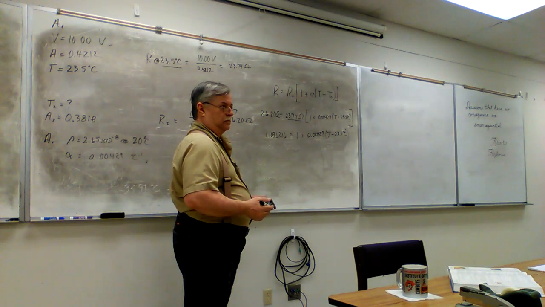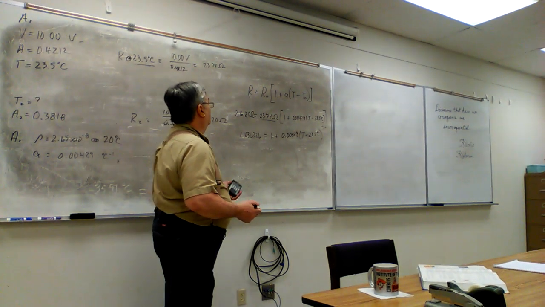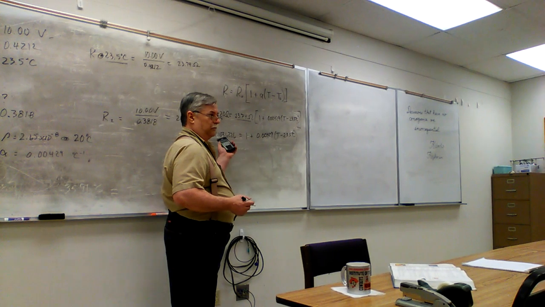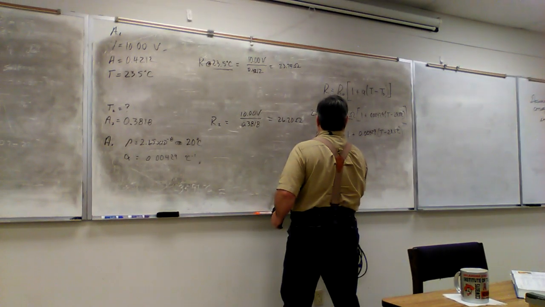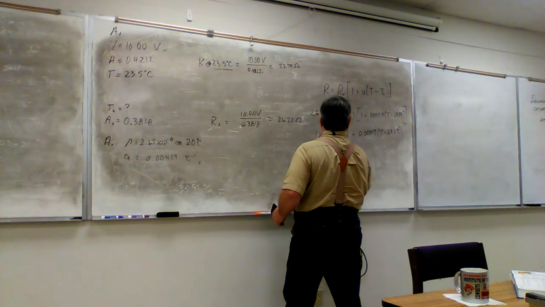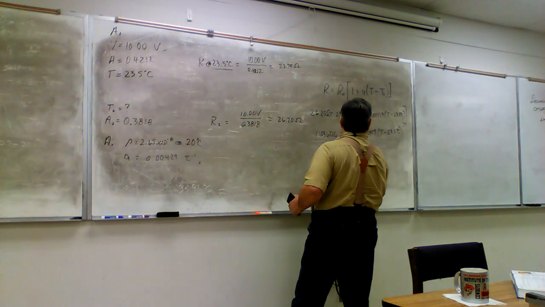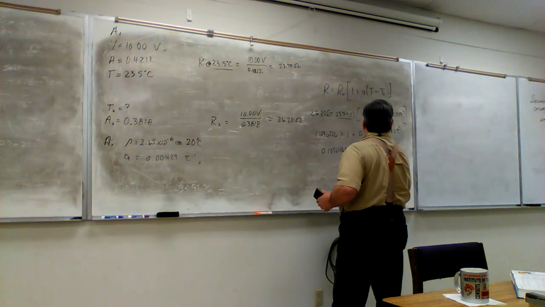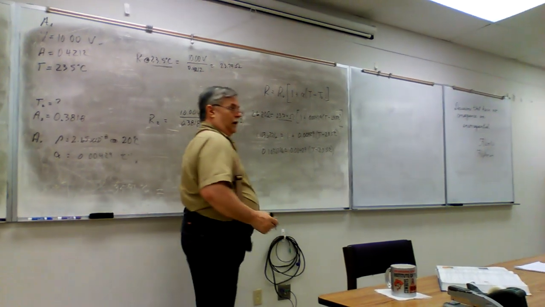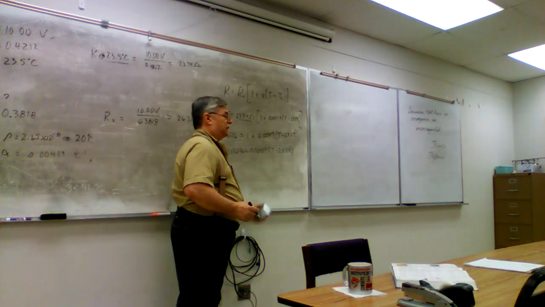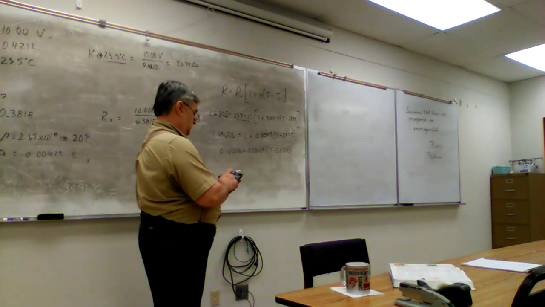So next, how about we just subtract 1 from both sides? Then we end up with 0.1036226 equal to 0.00429 times T minus 23.5 degrees C. Now we can divide both sides by alpha, 0.00429.